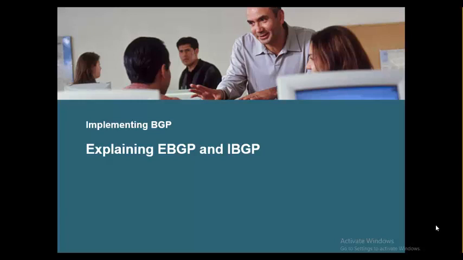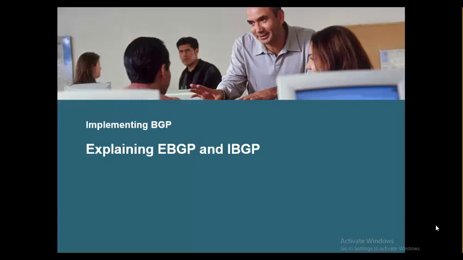BGP in a service provider, unless you write policies, a packet won't even go out. Not even a single update will be sent if you don't write a policy, RPL, route policy language, but not in the routers that we have in enterprises.